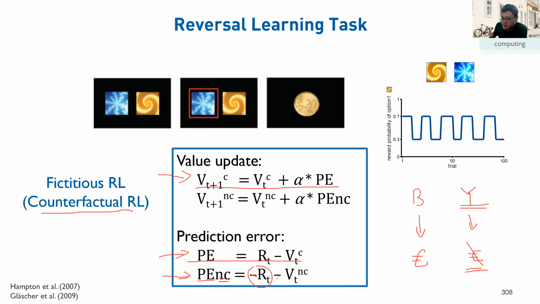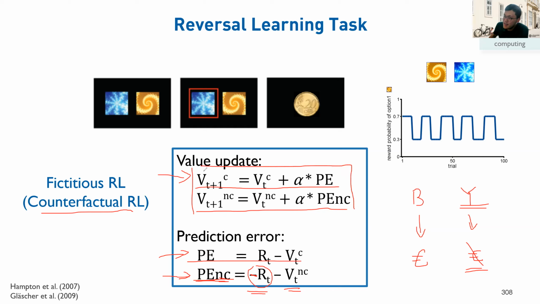Practically, this is pretty straightforward. Conceptually, there's some thinking involved, some deliberation. And here, the unchosen prediction error is simply the unchosen outcome, the opposite outcome, minus the value of the unchosen option. And the update also follows the same rule, nearly identical.